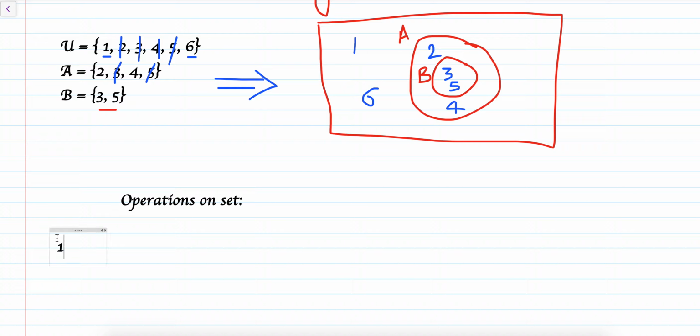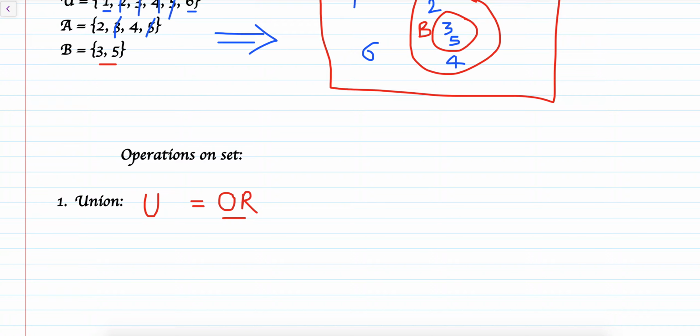And the first operation we will call union of sets. This would be represented by the symbol U. We will call this union, and it is the equivalent of the common word we use in English, "or".